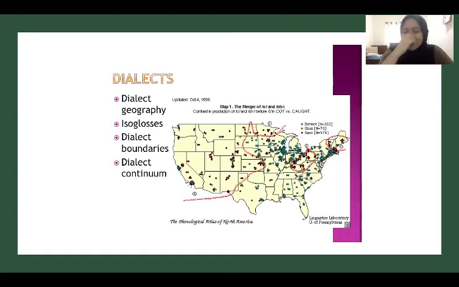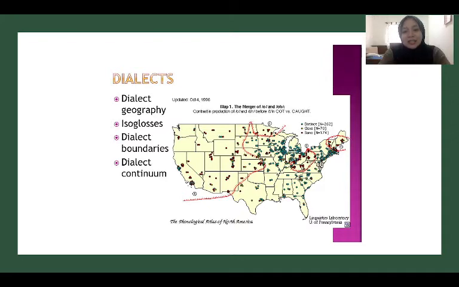It doesn't mean that when one dialect is identified, for example in Malacca, it cannot be found somewhere else. No, it's not as rigid. It can be fluid. Sometimes people outside of Malacca can also be speaking the Malacca dialect.